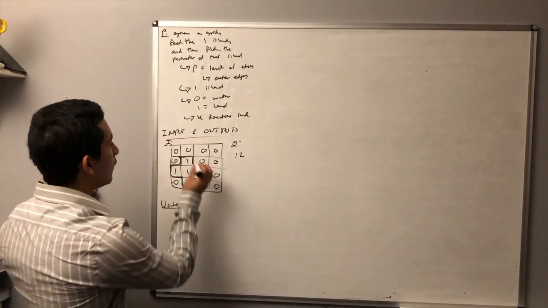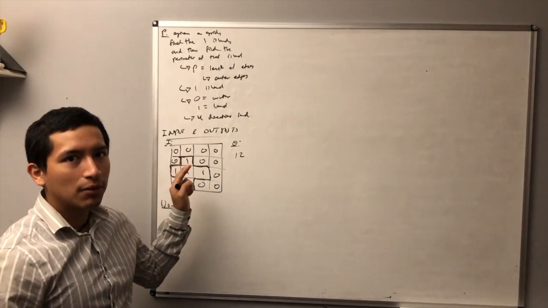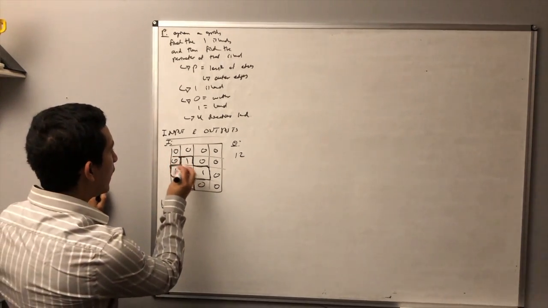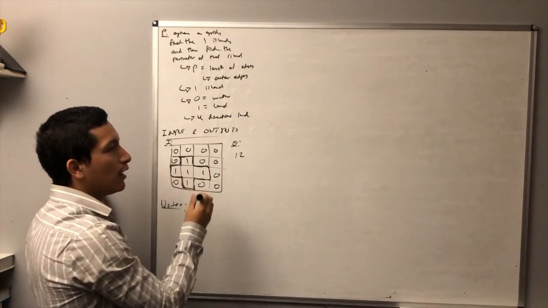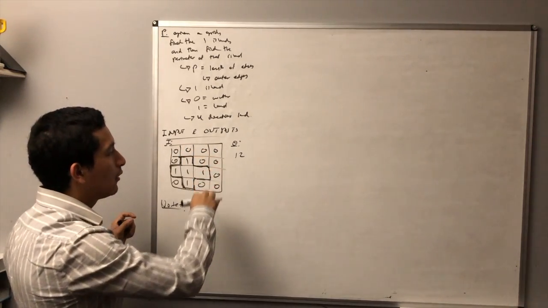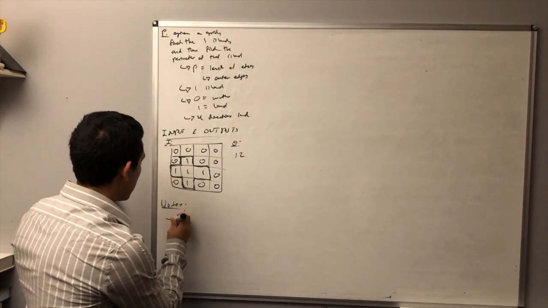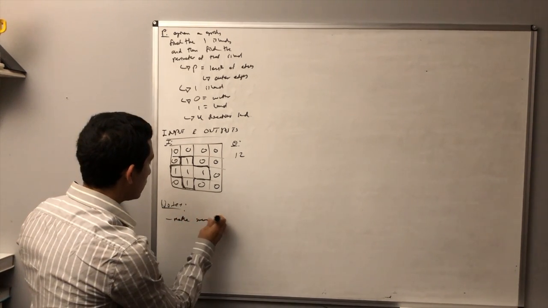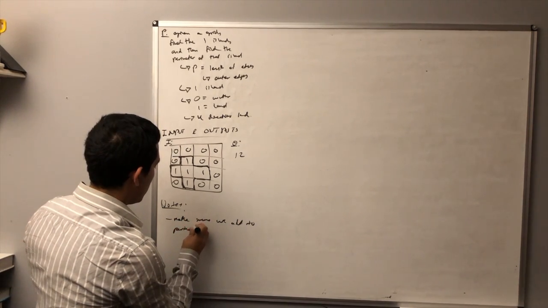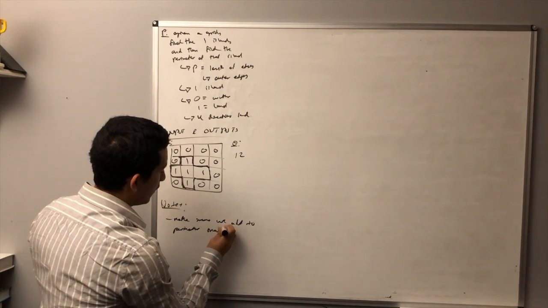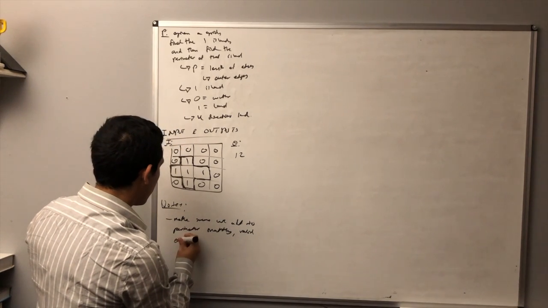Because in this case here, if we found this first one here and we added 4, there are 3 edges that we can add to the perimeter, but this 4th edge is not going to be part of the perimeter because it's going to be part of another block here, and the perimeter is counting the outer portion of the entire island, not anything inside. So we have to keep that in mind. Make sure we add to perimeter smartly, only valid edges.